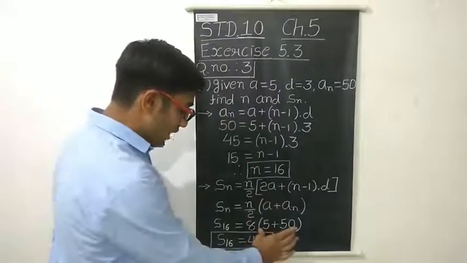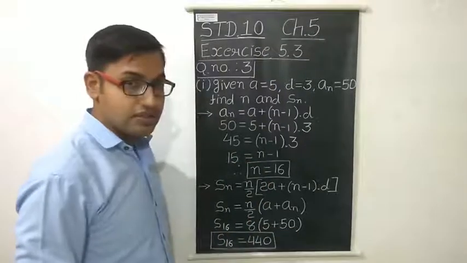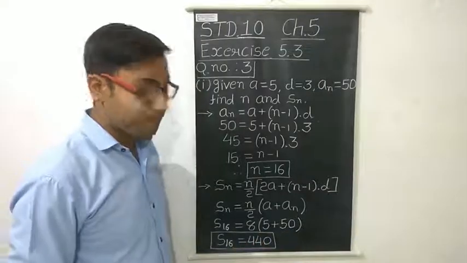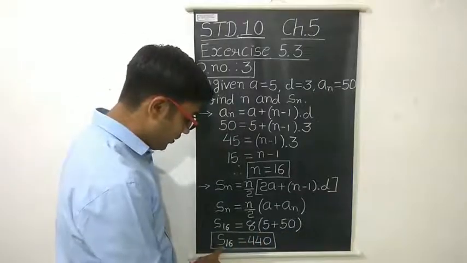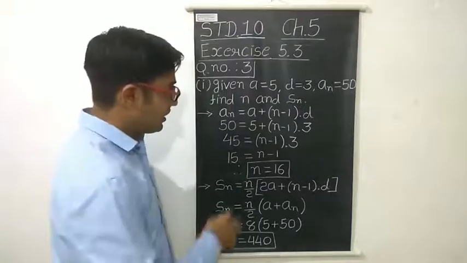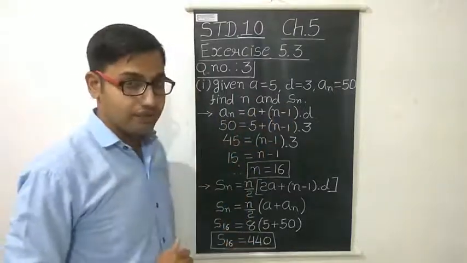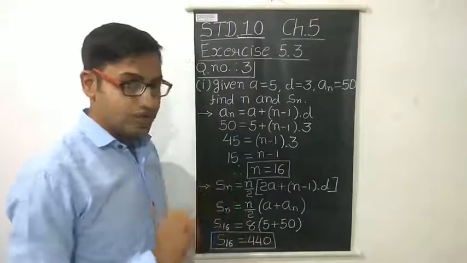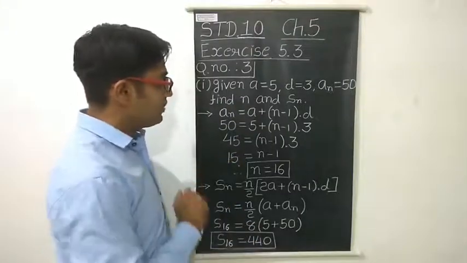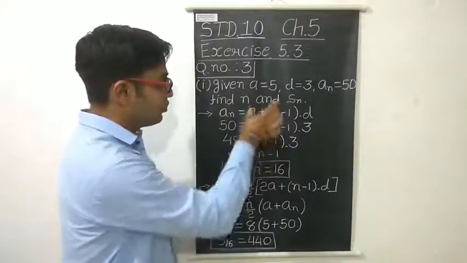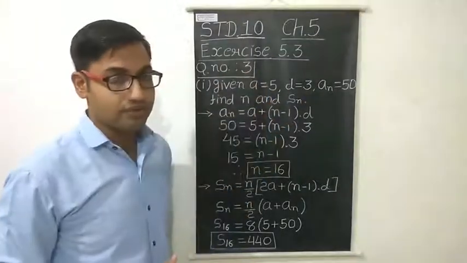Now 50 plus 5 is 55, and 8 times 55 is 440. So the addition of the first 16 terms, S16, is 440. In this way we can find the unknown values by using whatever is given.